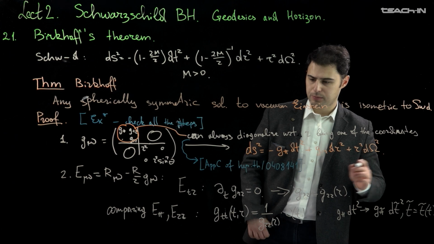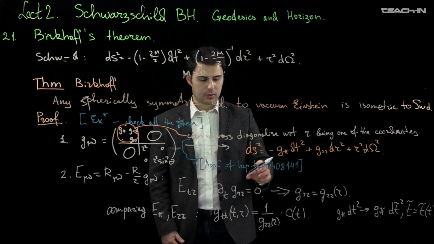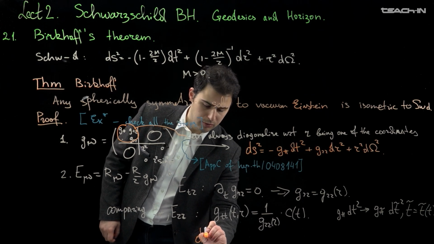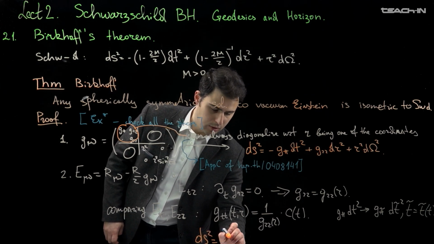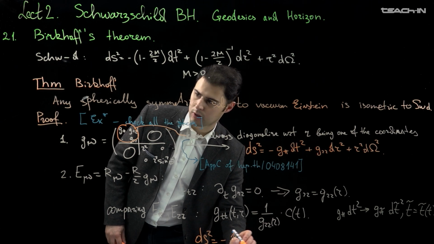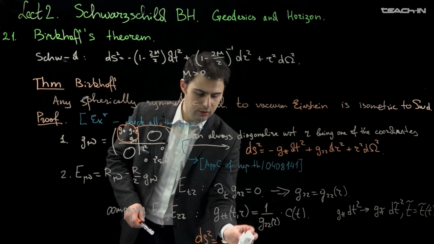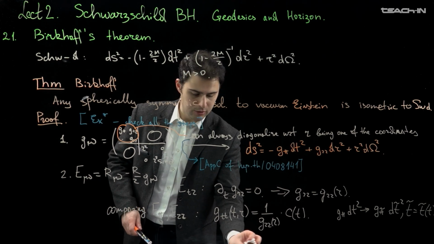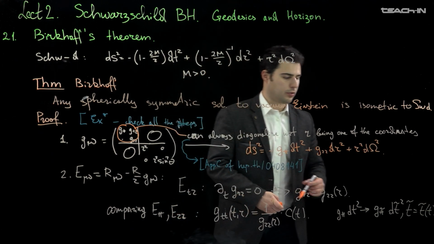Therefore we find ourselves with g_tt equals minus 1 over g_rr.